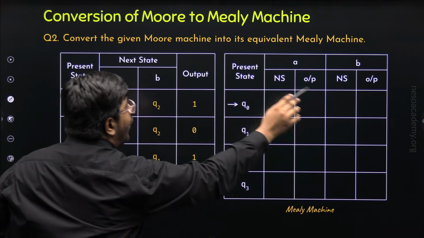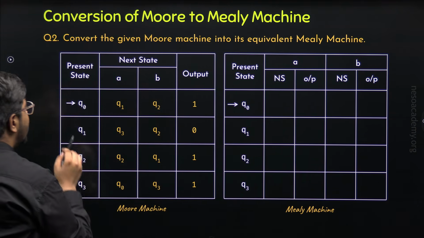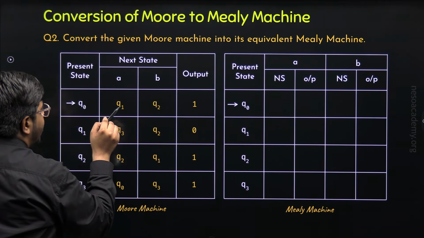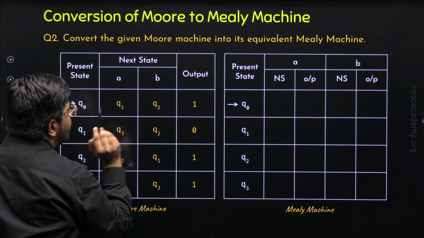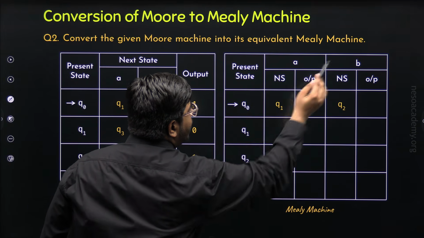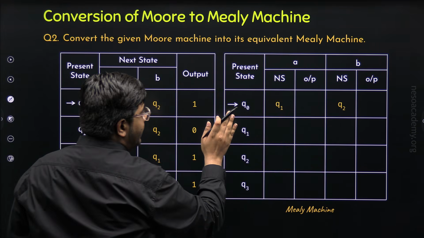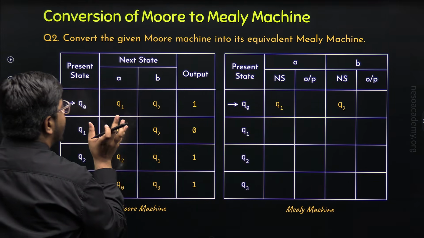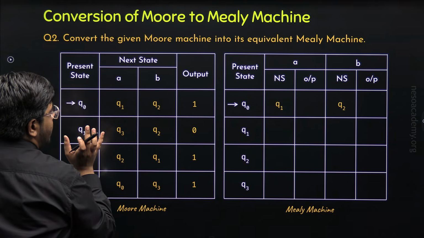Now we need to fill all these entries. Q0 on A gives Q1 and Q0 on B gives Q2. The next states remain the same, similar to the Moore machine.